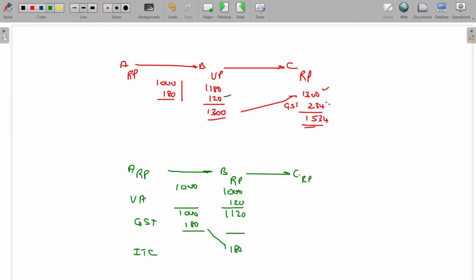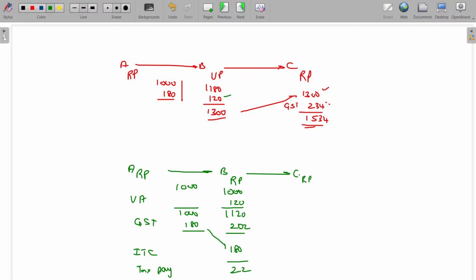For 1120, at 18%, what is the GST payable by B? 202. Okay. Now, B's 202 minus 180 ITC gives 22, the tax payable by B.